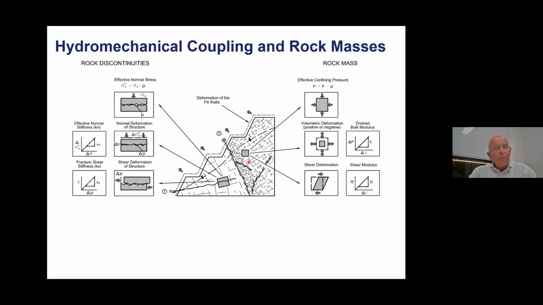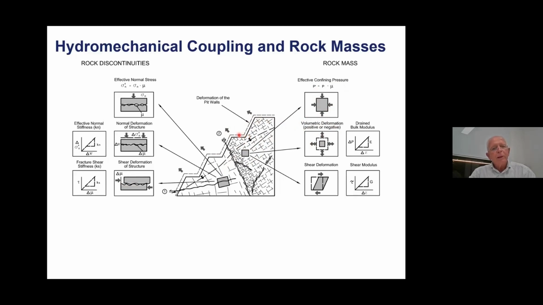Going here now to the rock mass. So we've looked at the structure, now we'll look at the rock mass. And over here, we've got a change in the confining pressure, which is back to our simple definition at the start of effective stress. We can have a volumetric deformation, either positive or negative. In this case, you can see from these arrows that as we excavate the slope, it moves out to the dashed line.